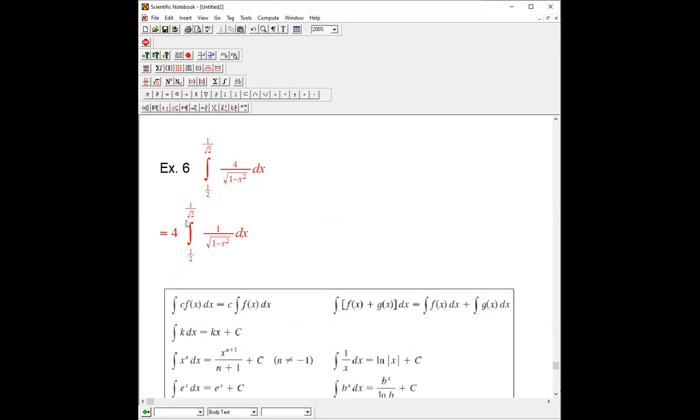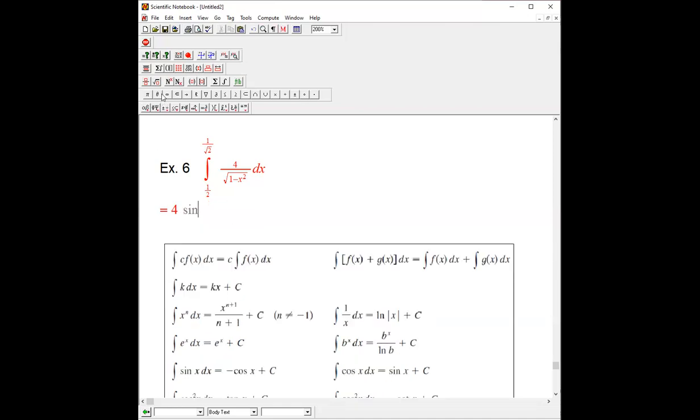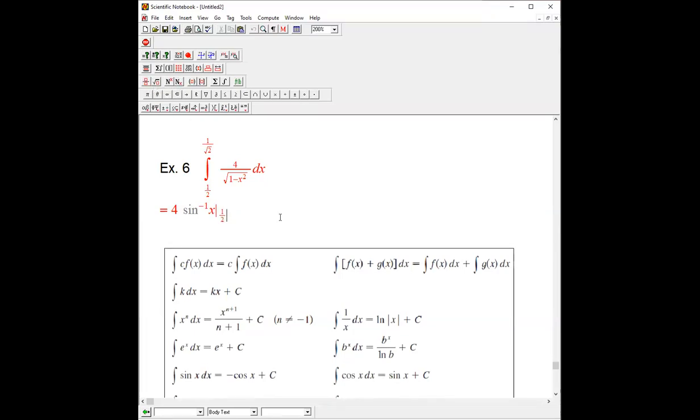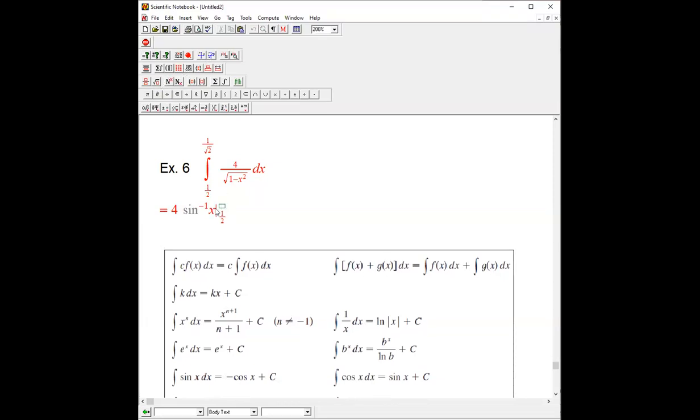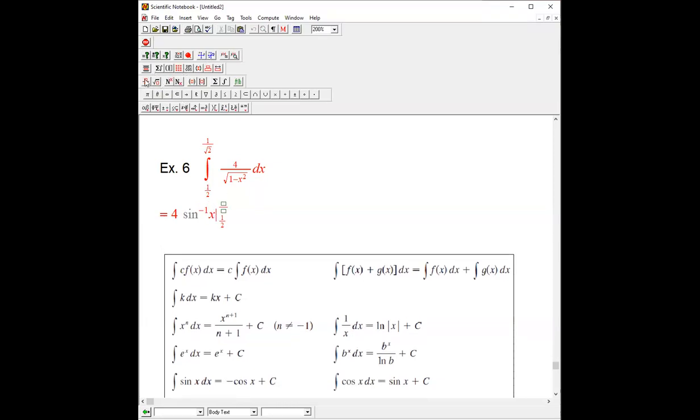So you can just write very little step. Arc sine of x evaluated at these two endpoints. The lower endpoint is half, and the upper endpoint is 1/√2.